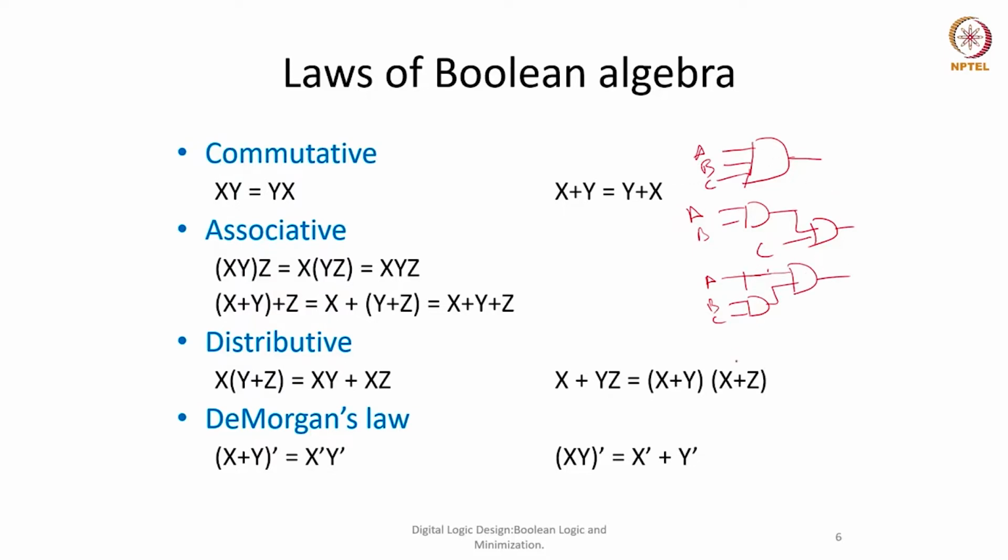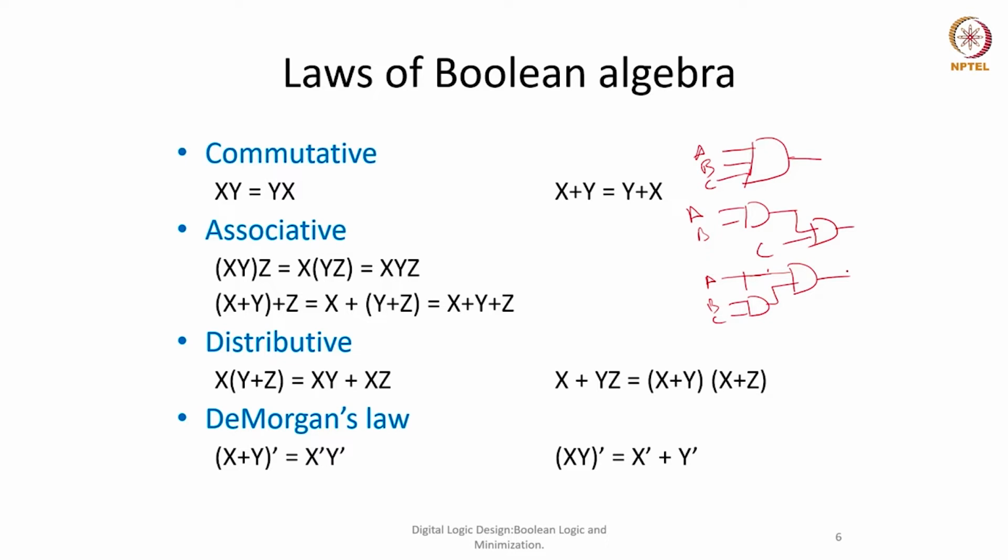All of these three are equivalent, whether we are creating only one AND gate or two AND gates. We are first ANDing A and B and then ANDing it with C, or we are first doing B and C and then ANDing it with A. So all of these three are equivalent. So that's what the law of associativity means.